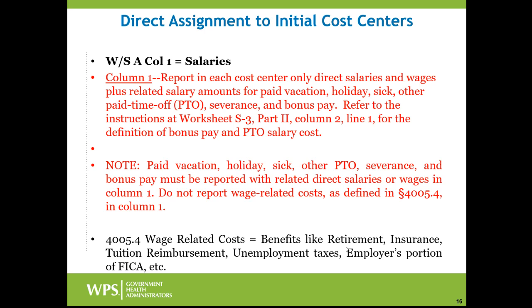The benefits like retirement, insurance, tuition reimbursement, unemployment taxes, the employer's portion of the FICA taxes. Of course, the employee's portion, that's not a hospital expense to begin with. That's just a withholding from the employee. So those are the things that don't go in column 1, so they must go in column 2.